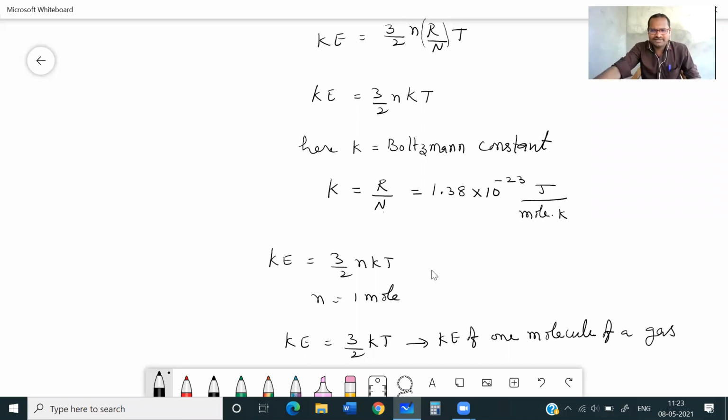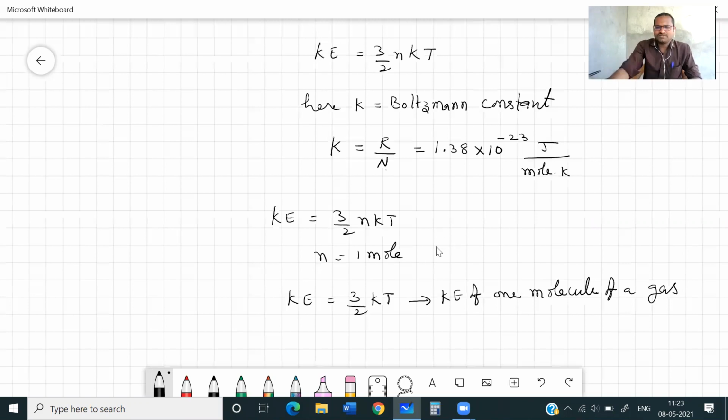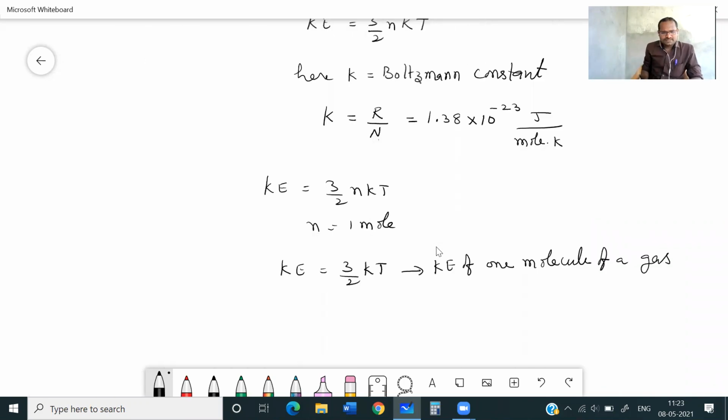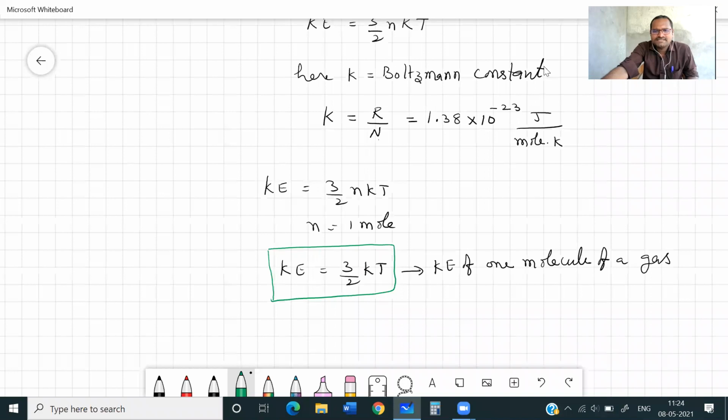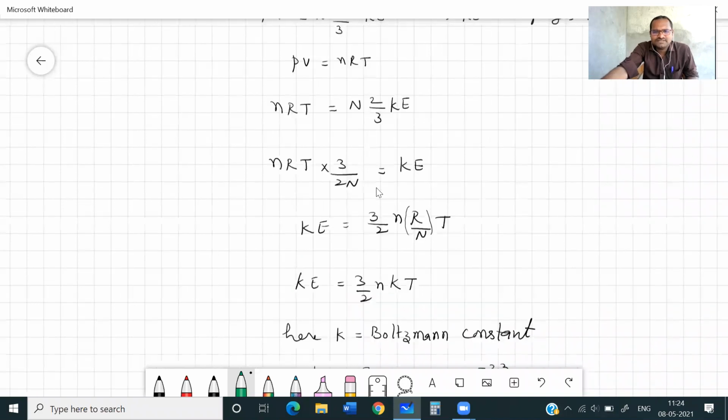Are you understanding what I have written there? Here, there are total 2 equations: kinetic energy of the total gas and kinetic energy of one molecule of a gas. The kinetic energy of one molecule of a gas is 3 by 2 kT. The kinetic energy of 1 mole of a gas is 3 by 2 RT.